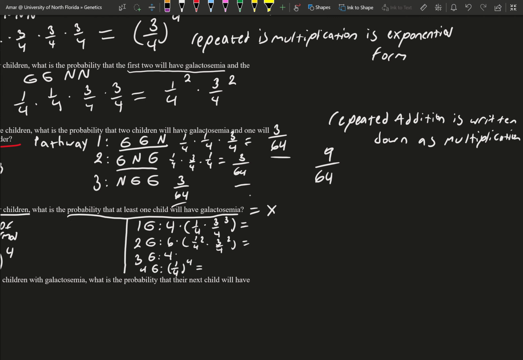And then this one, I'm running out of space, it's 4 times 1/4 to the 3rd power times 3/4. Okay. So let me take some time to calculate all this.